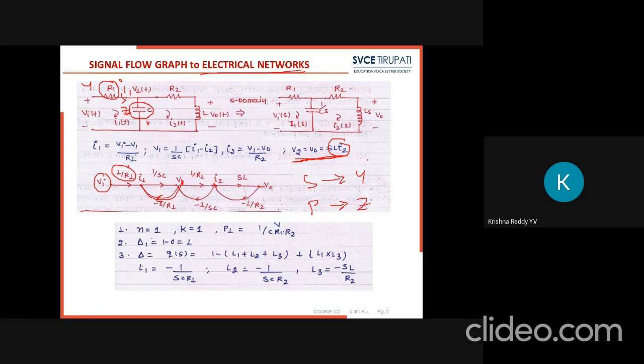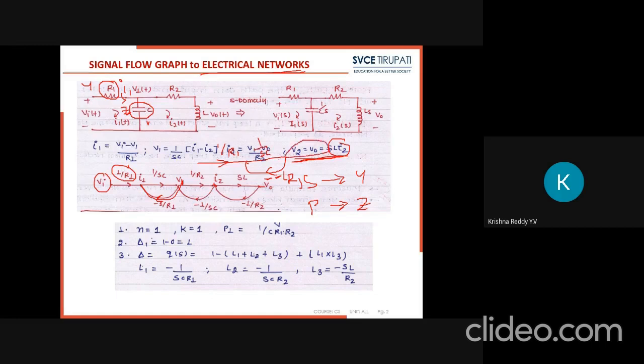Each and every element has one forward path and then one feedback path. Here R1 is 1 by R1, and after that the feedback is minus 1 by R1. It is a parallel element, that's why we need to consider only impedance.